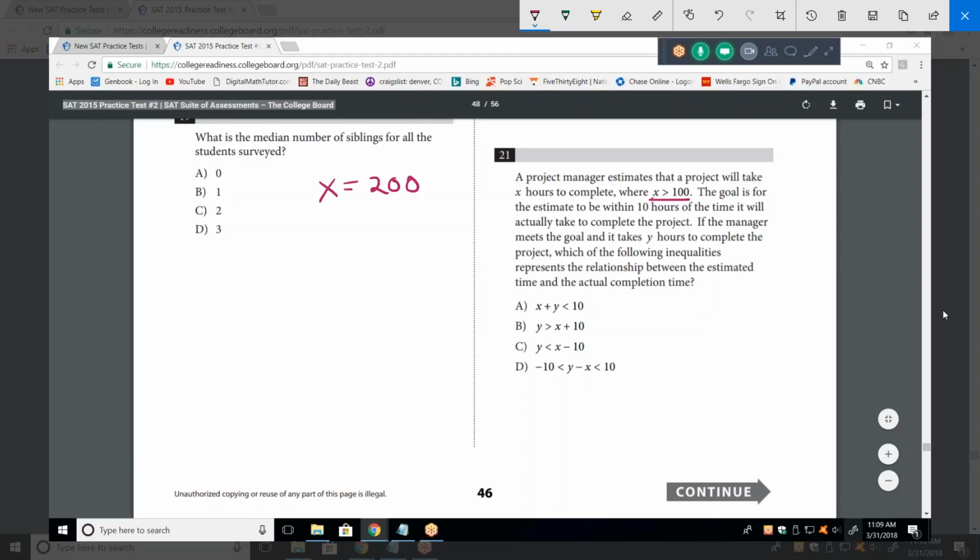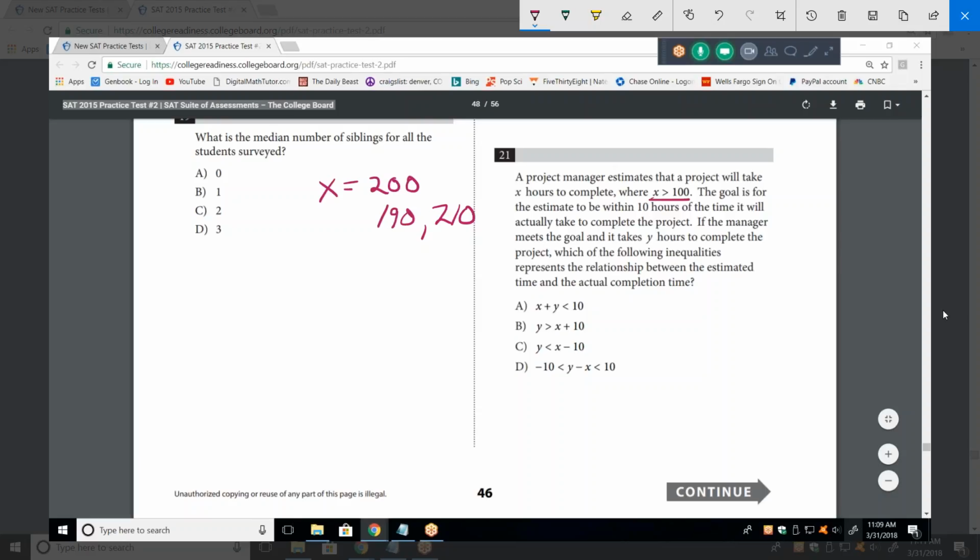The goal is for the estimate to be within 10 hours of the time it will actually take to complete the project. So we want this estimate to be within plus or minus 10, right? So somewhere between that.